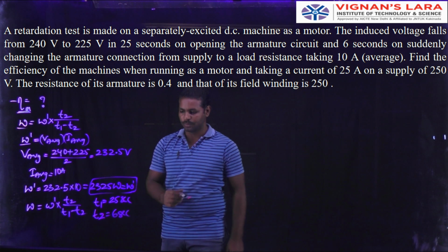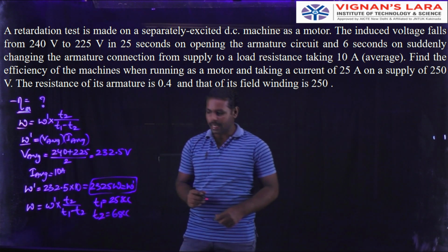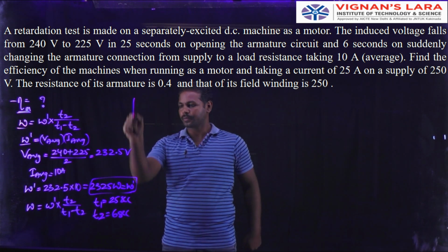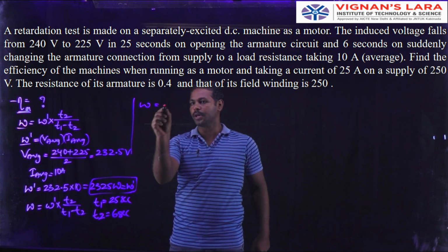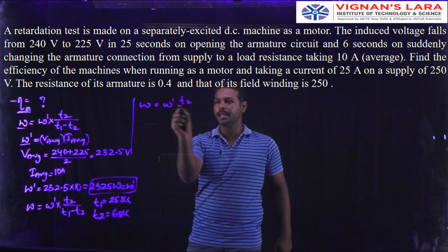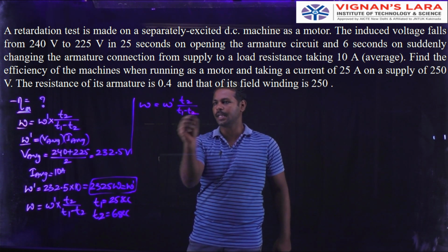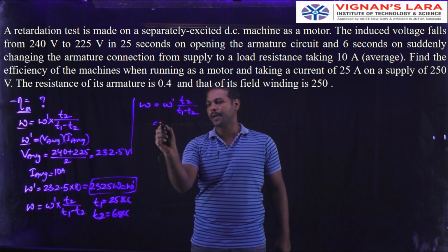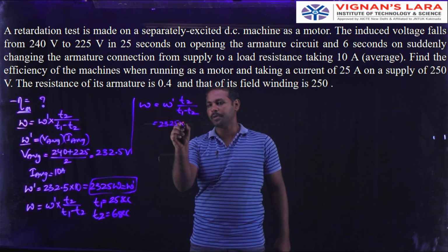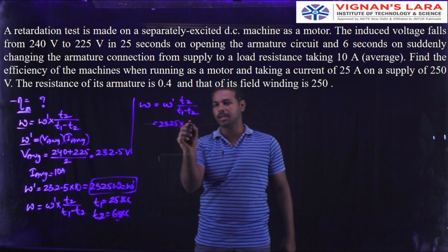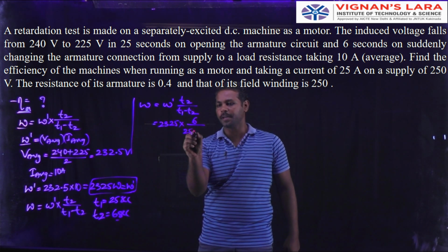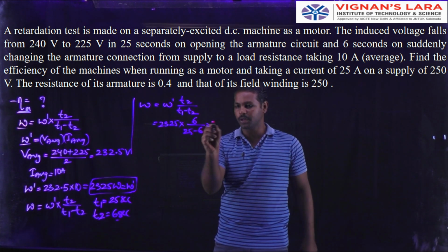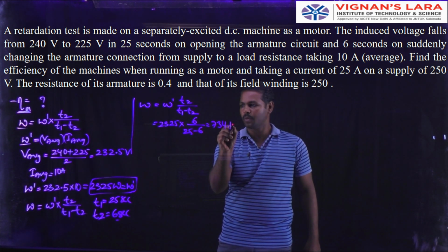Substituting these two in this equation, W is equal to W dash into T2 by T1 minus T2, which is 2325 multiplied by 6 divided by 25 minus 6, which is equal to 734.1 watts.